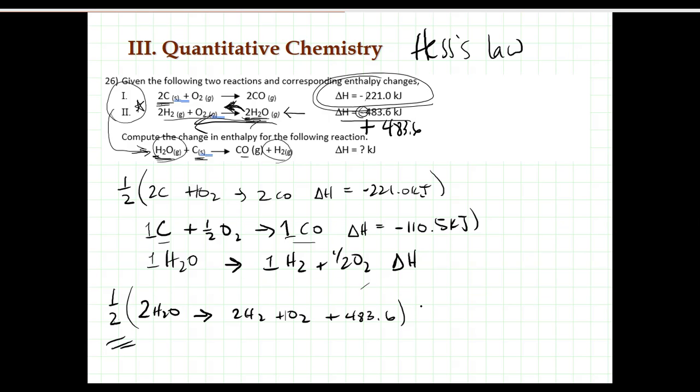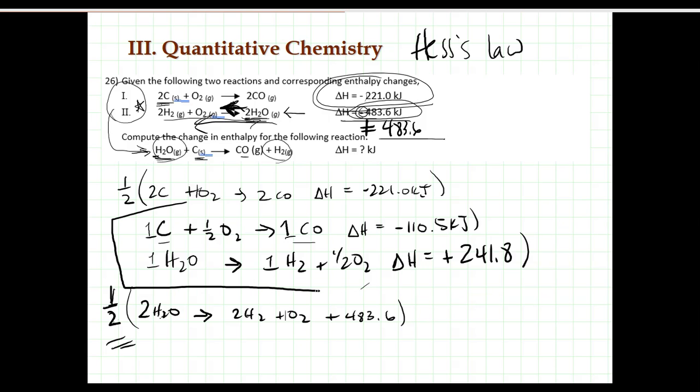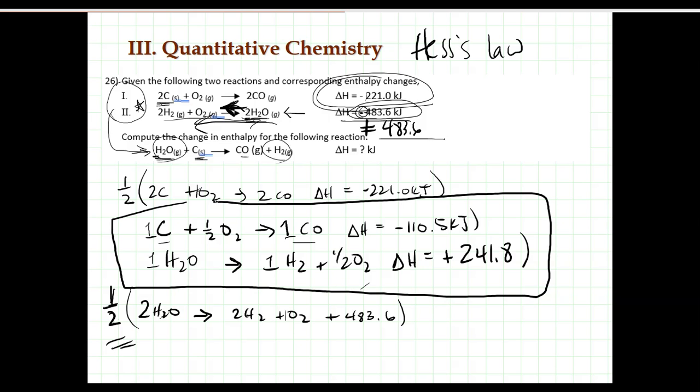Half of 483.6 is a positive 241.8. So again, just in case you're like, where did that number even come from? We took negative 483.6, we made it positive because we reversed the reaction. And then we took 483.6 and we chopped it in half because I needed only one water, not two. Good. All right.